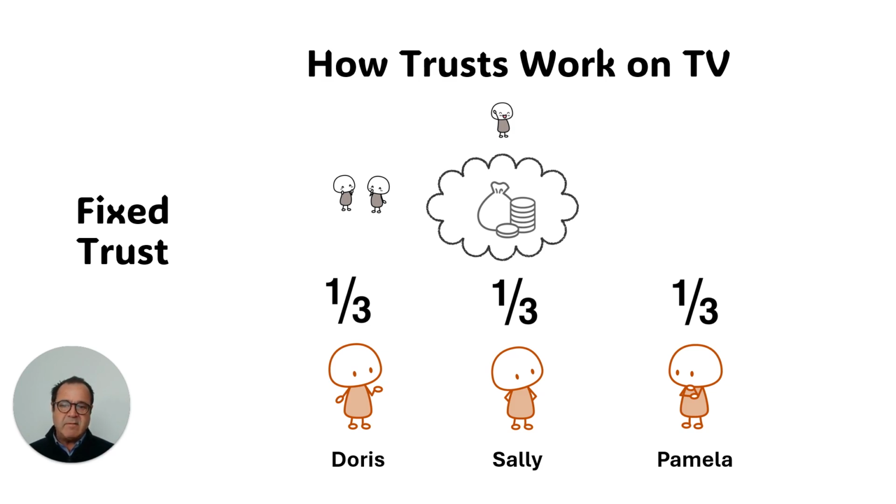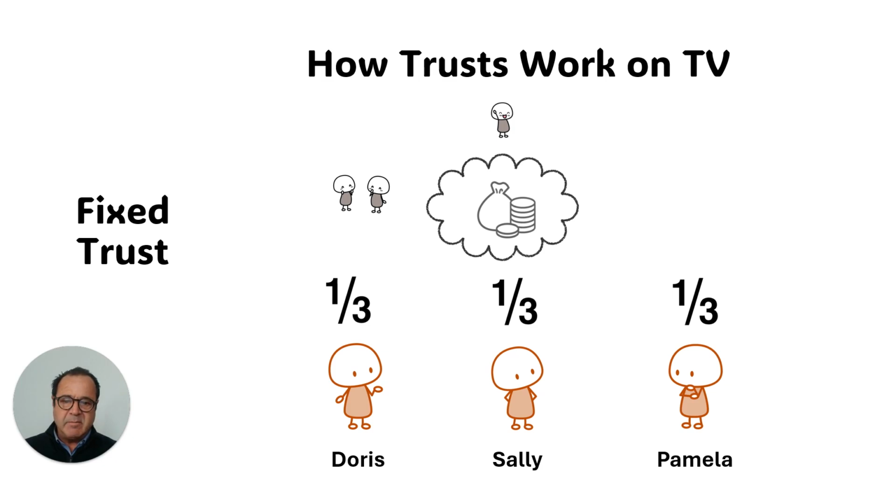But on the other hand, what about if Doris dies, but when she dies, she has children of her own? Maybe that her third should go to her children. It's not an impossible problem to solve, but it's a problem that you have to think about in advance, and you have to write some rules about it. So what you think is simple becomes a bit more complicated. Then you can face other problems.